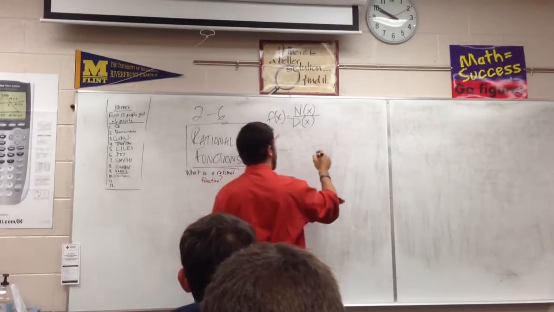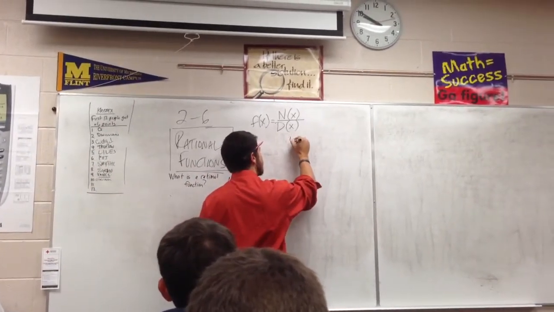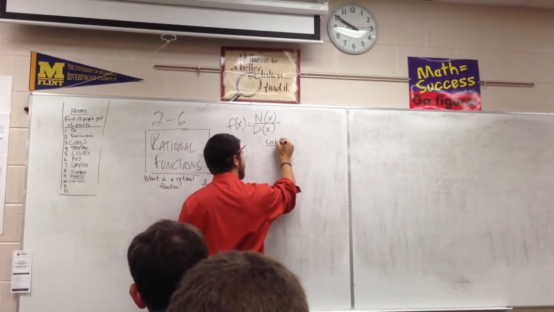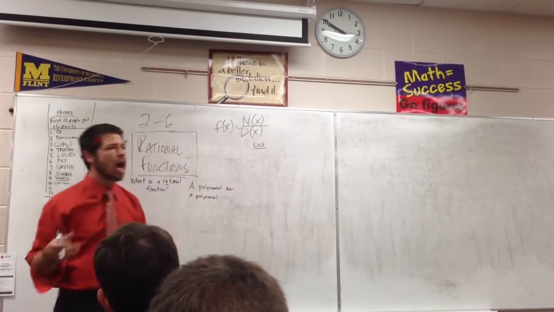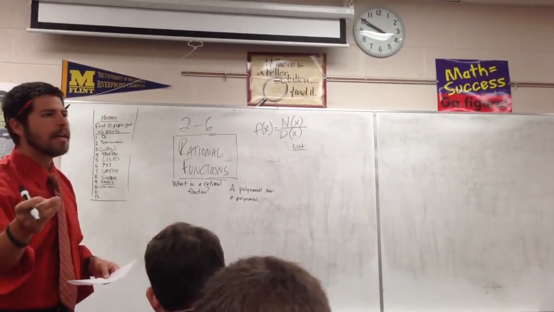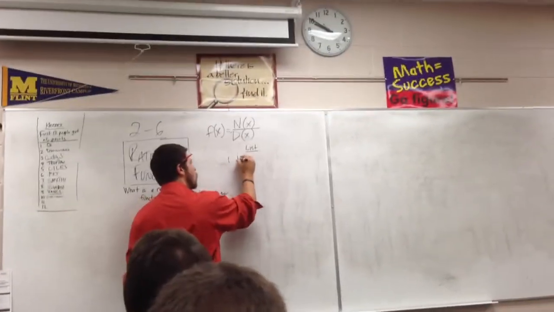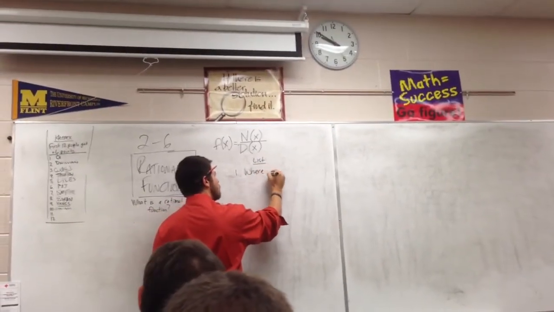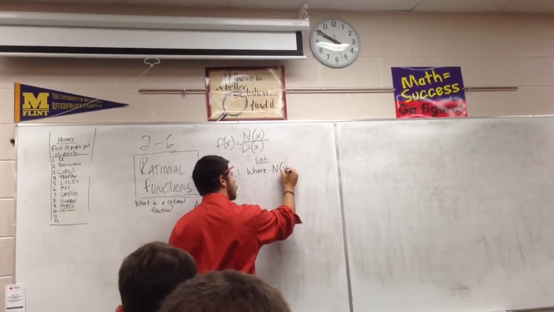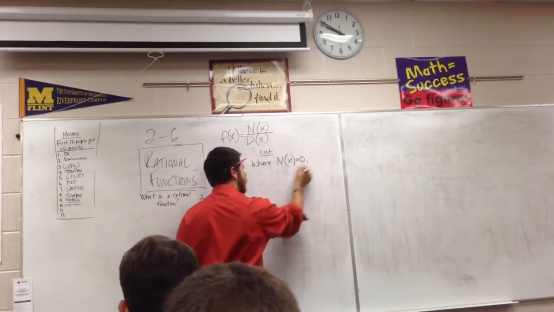Let's call this the list. I want to give you the list of all of the things that we're going to be talking about with the numerator and the denominator. Number one, where my top, or the numerator function, is equal to 0.